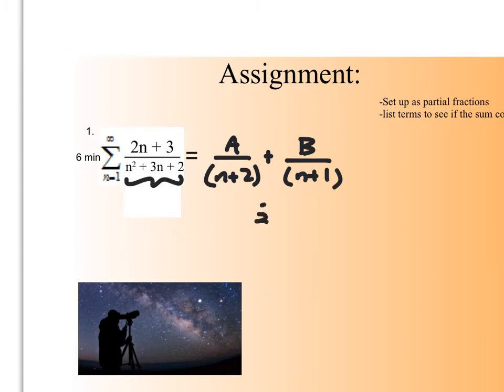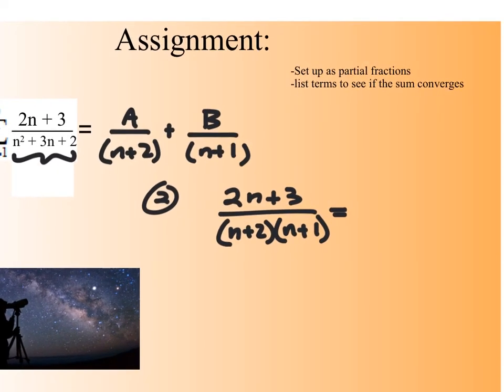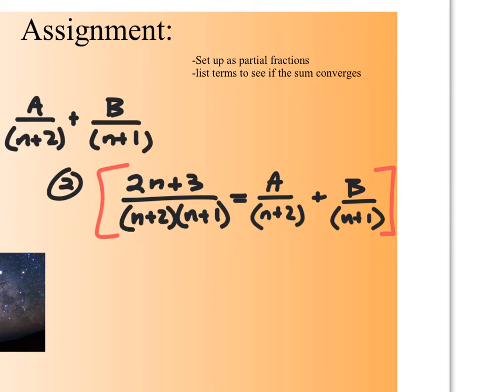So method 2, I set 2n plus 3 over n plus 2 times n plus 1 equal to a over n plus 2 plus b over n plus 1, and I'm going to multiply everything by n plus 2, n plus 1.